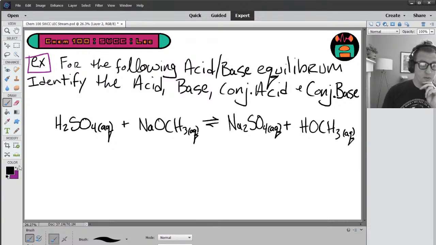Now, by way of reminder, actually, let me get my color palette here. There we go. So the important thing to keep in mind for this problem is that when they ask you for the acid and the base, this is for the forward reaction.